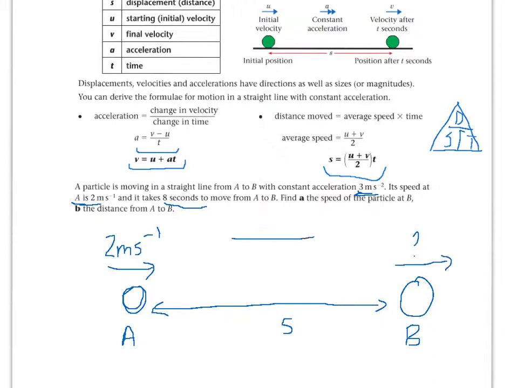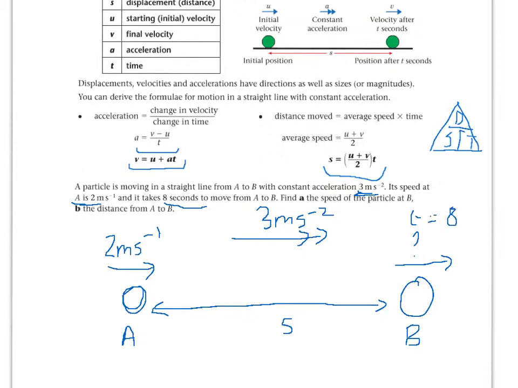We also know the acceleration. Notice that acceleration has 2 arrows rather than 1. 3 meters per second squared. One other thing I've not put on this diagram is the time at B. We're told that T equals 8.